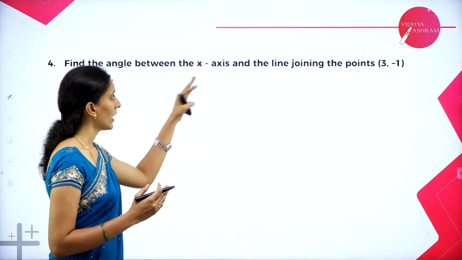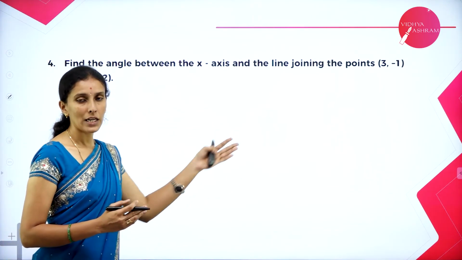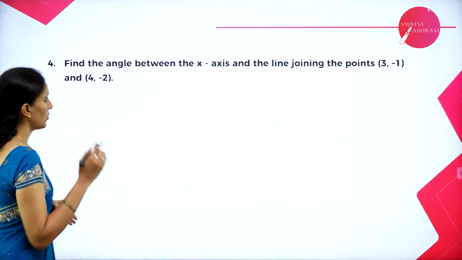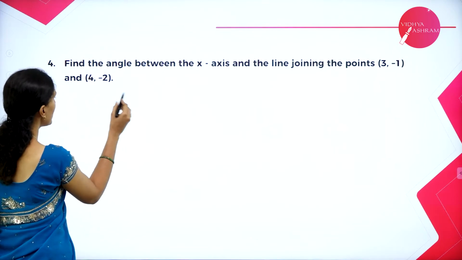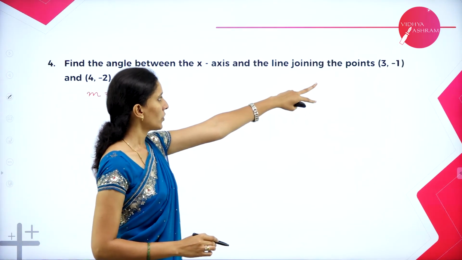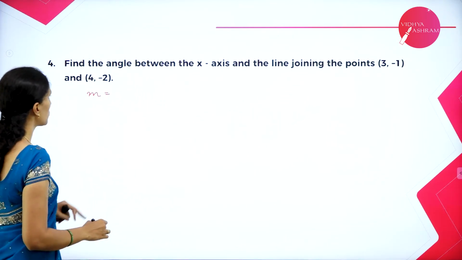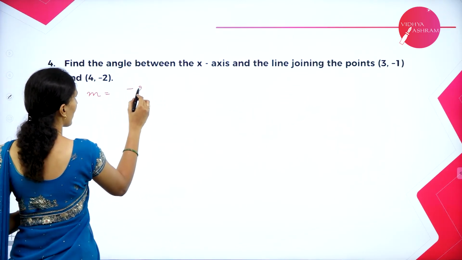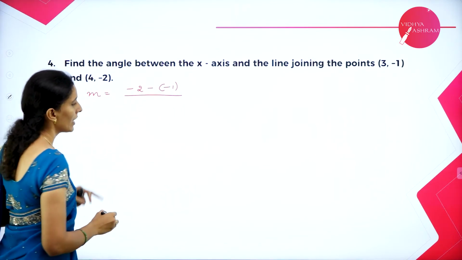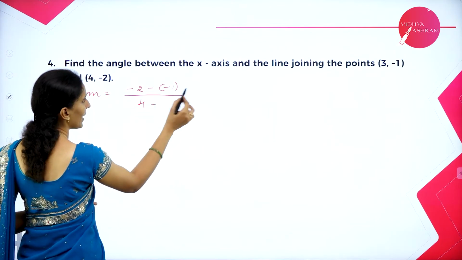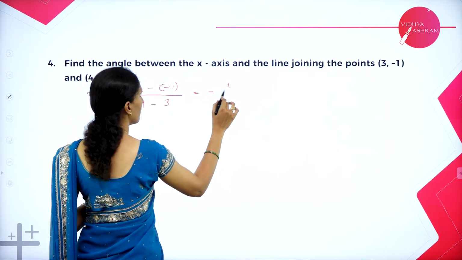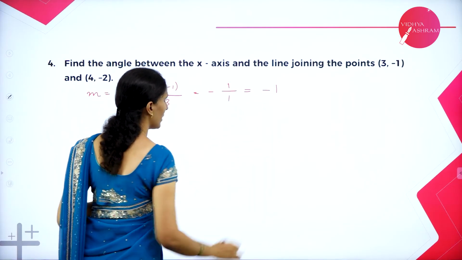So if we find either m, we can substitute in terms of tan theta and find the theta value. First, using the formula m equals (y2 minus y1) by (x2 minus x1), I'll calculate the slope of the line. If that is x1, y1 and this is x2, y2, then y2 minus y1 is minus 2 minus of minus 1, divided by x2, which is 4, minus x1, which is 3. So minus 2 plus 1 is minus 1, by 1, which is equal to minus 1.